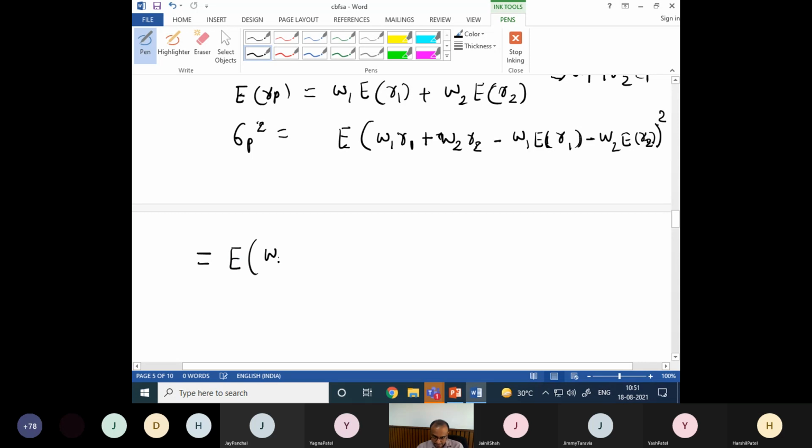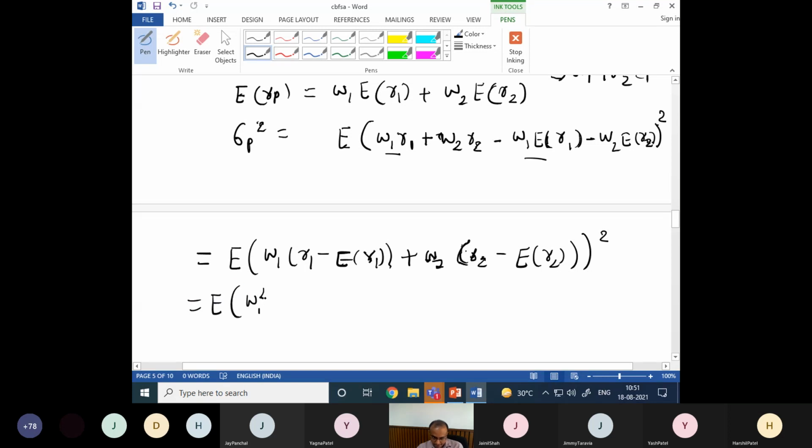So let me write this in a slightly different way. I take W1 common and write these two terms together: W1 into (R1 minus ER1), plus W2 into (R2 minus ER2), and that whole square, right? It takes slightly longer time, but we should do it with the notepad only. So now I open the square term.